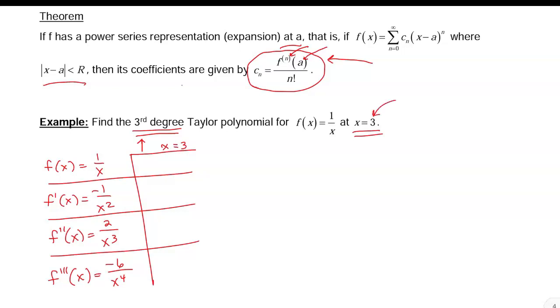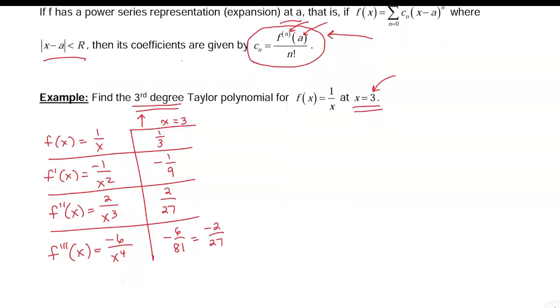So substitute 3 in for x. You'll get 1/3 for the 0th derivative. The first derivative will be negative 1/9. Then 2 over 27, and then negative 6 over 81, which reduces to negative 2 over 27.